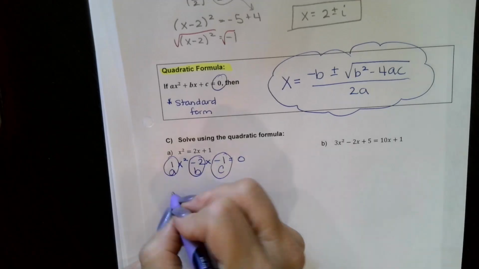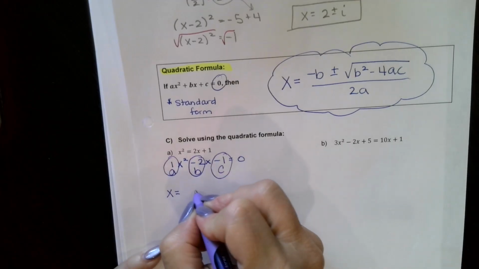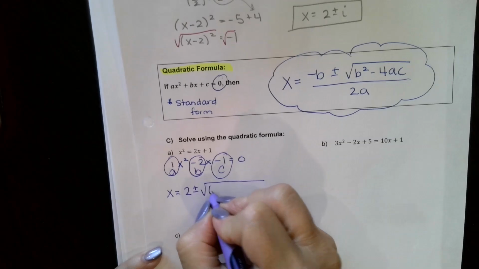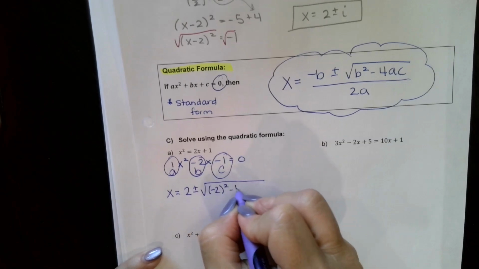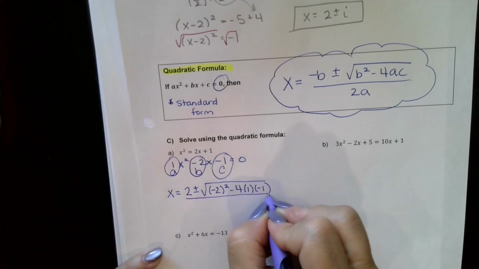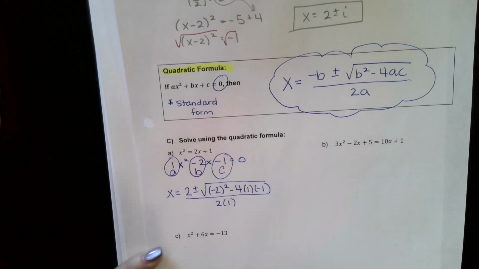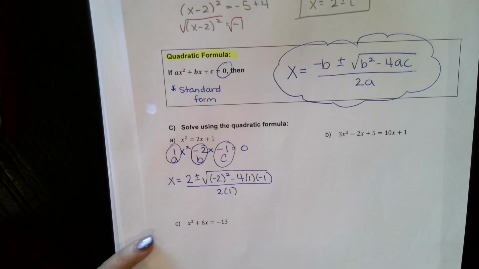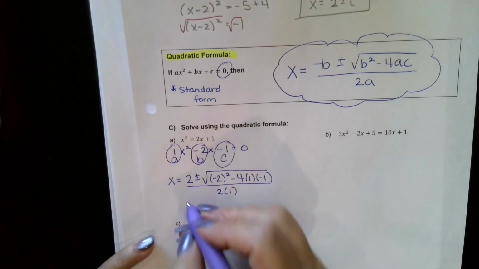All right? So x equals negative b, which is 2, plus or minus the square root of b squared minus 4ac all over 2a, so 2 times 1. Now, this one has easy numbers. You probably didn't need to write out all of these steps, but that's okay.